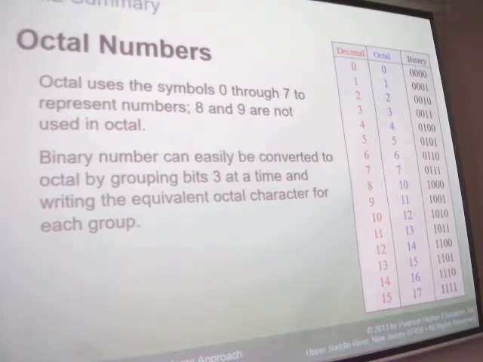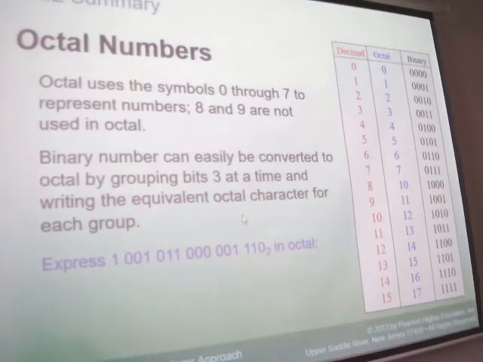You know 2 plus 1 equals 3, 4 plus 1 equals 5, 4 plus 2 equals 6, 4 plus 2 plus 1 equals 7. So we can use one octal digit to represent 3 binary bits.